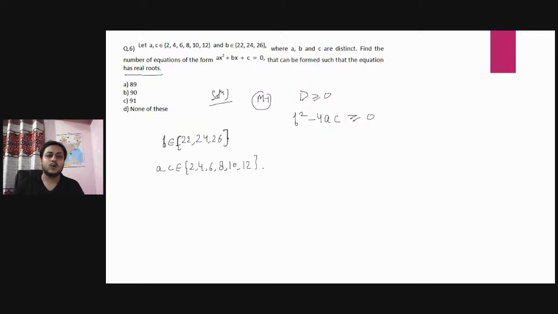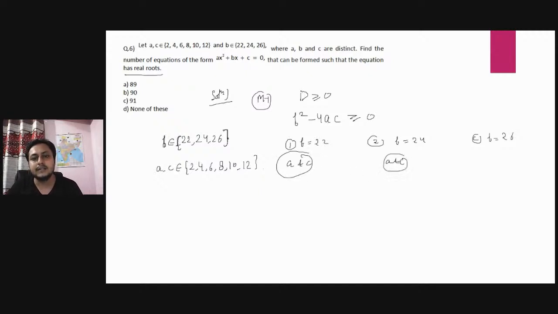So the first way, the traditional method, is to make three cases. Take b equals 22. In the next case, take b equals 24, and in the third case b equals 26, and accordingly take values of a and c, right?